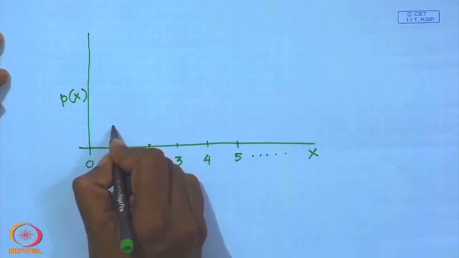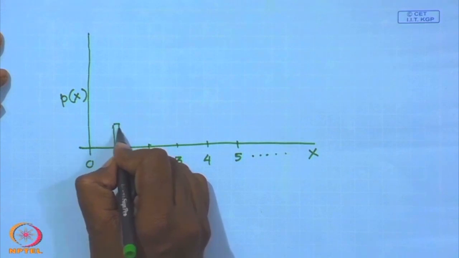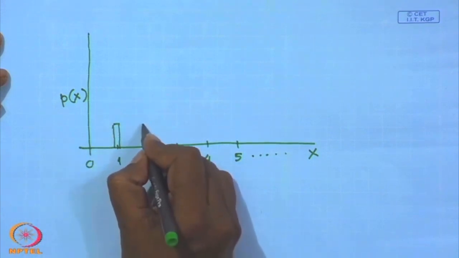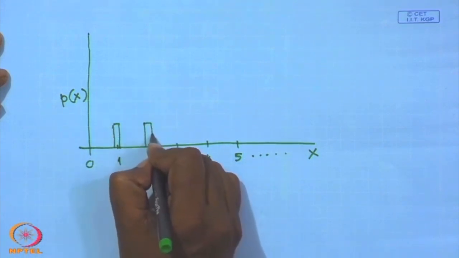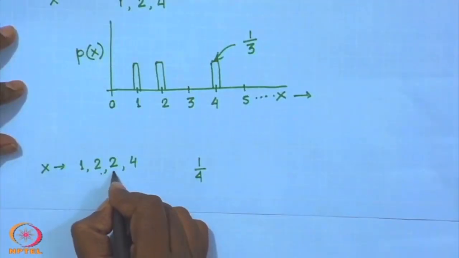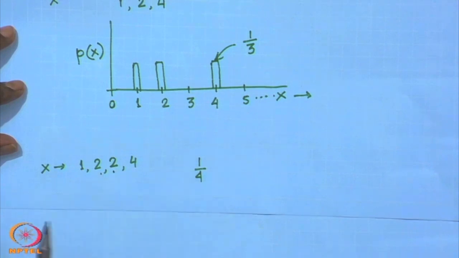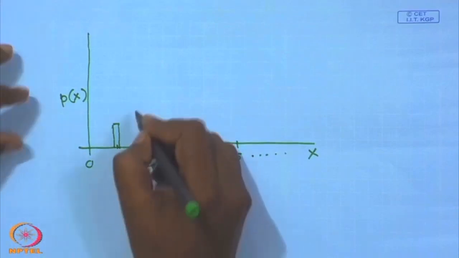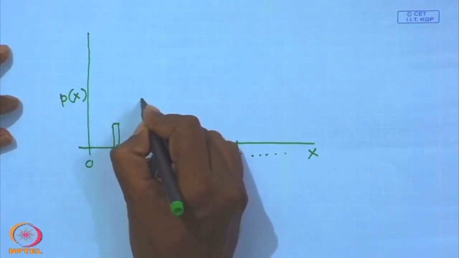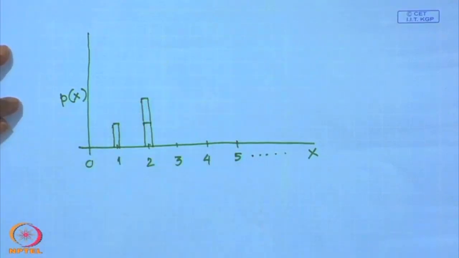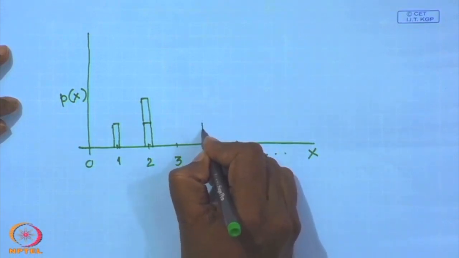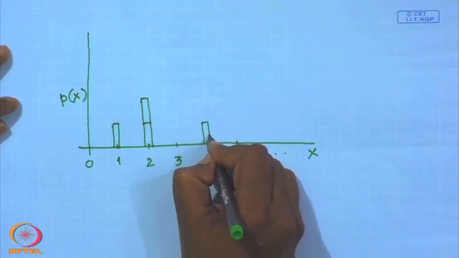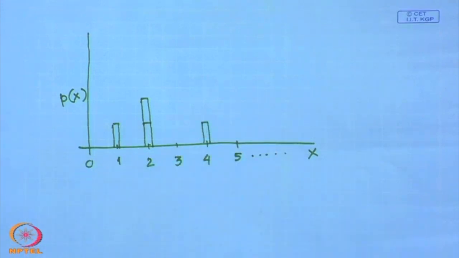So, I have one delta function at location 1, I have 2 delta functions at location 2, because you see that I have 2 samples of x, both of them having value 2. So, here I have 2 samples. So, the height of this delta function has to be double, and I have one sample at x equal to 4. So, this is the kind of situation that I have.